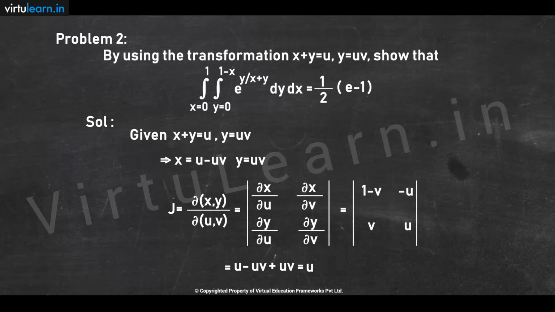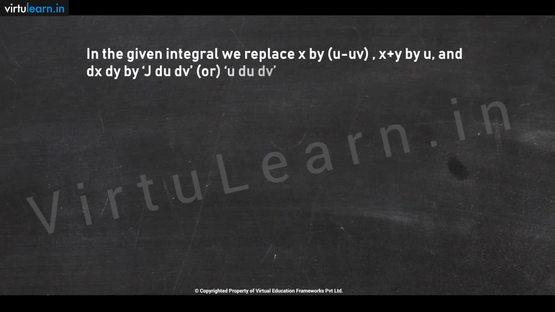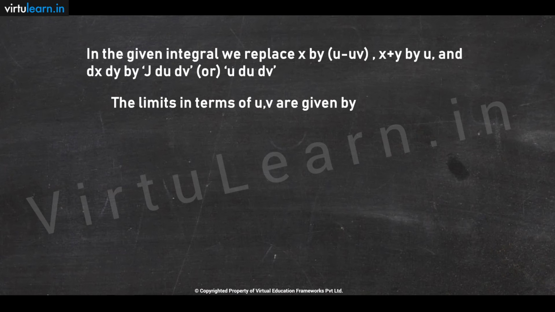That means in the given integral, we replace x by u minus uv, y by uv, x plus y by u, dx dy by J du dv, or u du dv. The limits in terms of u and v can be observed from the inequalities representing the region: 0 less than or equal to u less than or equal to 1, 0 less than or equal to v less than or equal to 1.